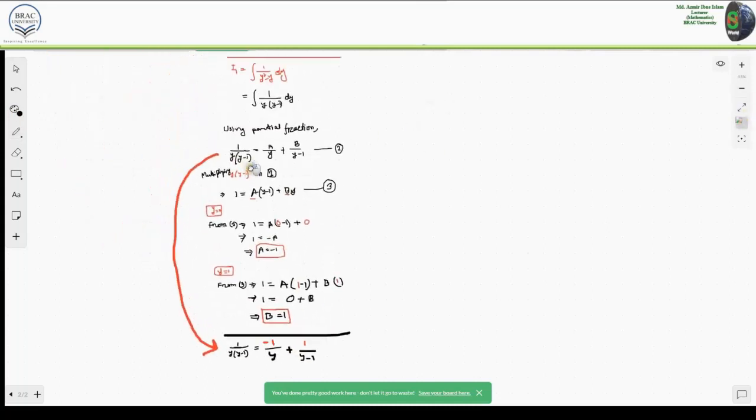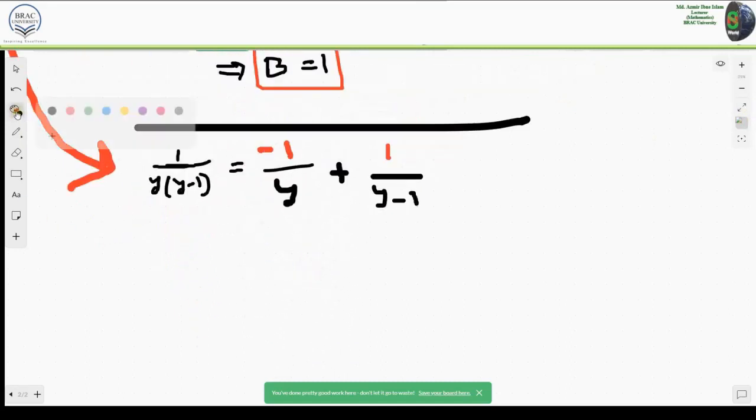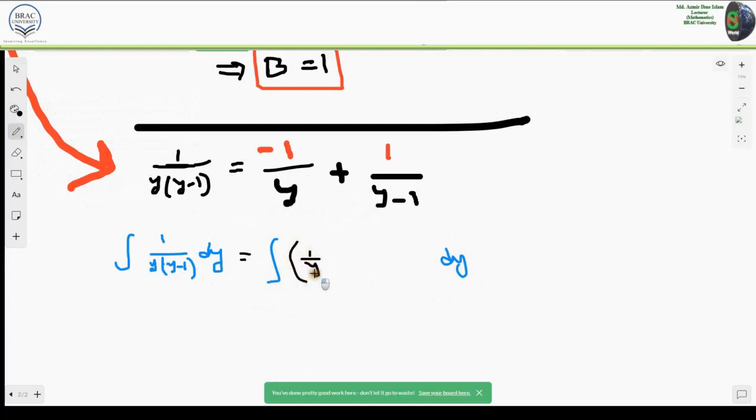and before this we have an integral, so that means now we have to integrate. So integration of 1 over y times y negative 1 dy equal to integration of the total part in terms of y, that is integration of minus 1 by y plus 1 by y negative 1.